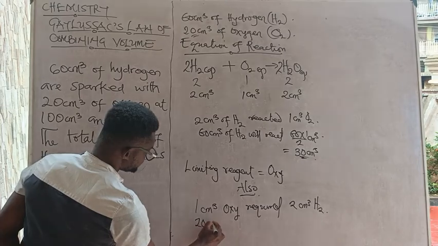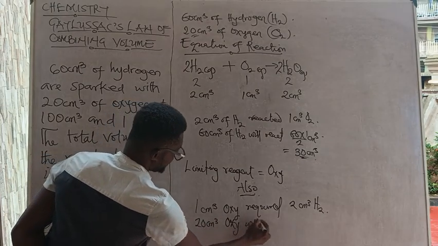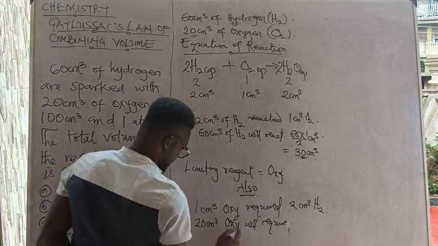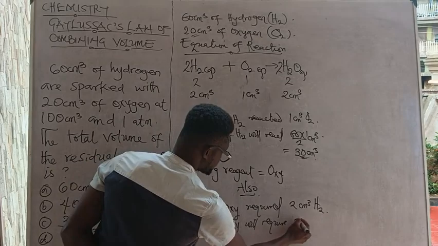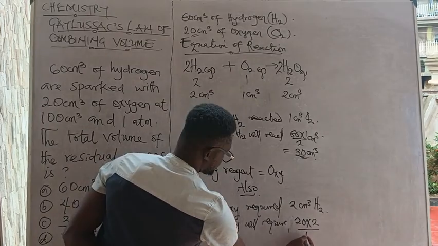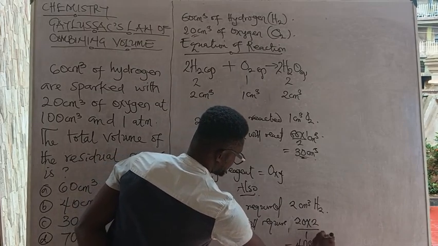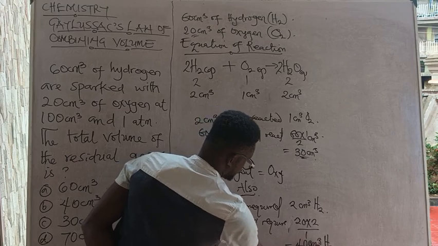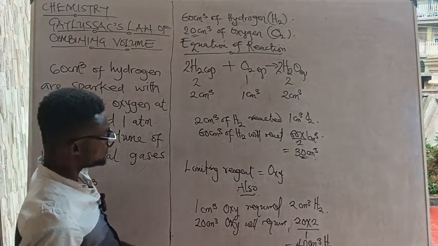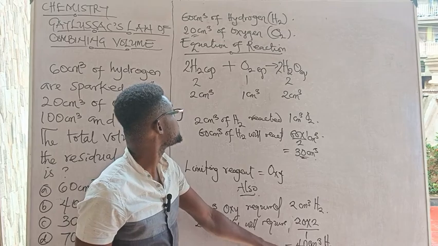So 20 cm cube of oxygen will require 20 times 2 divided by 1, which will yield 40 cm cube of hydrogen. So at this point, the part of hydrogen that will take part in the reaction is 40 cm cube.